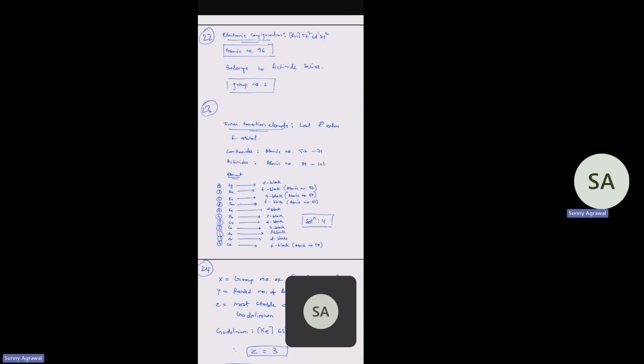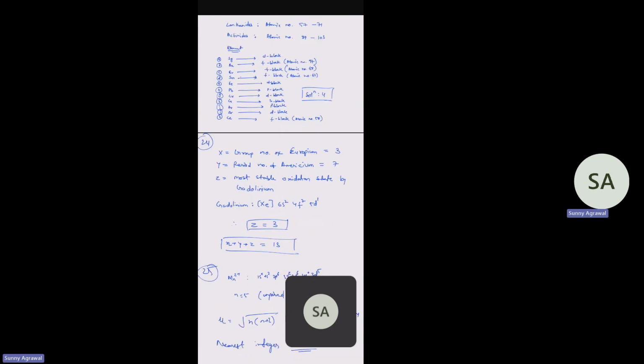Okay. Question number 24. X is the group number of europium, Y is the period number of americium, Z is the most stable oxidation state shown by gadolinium.